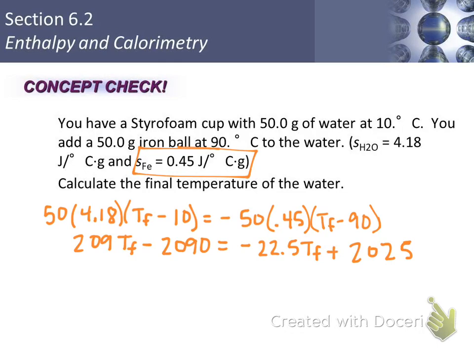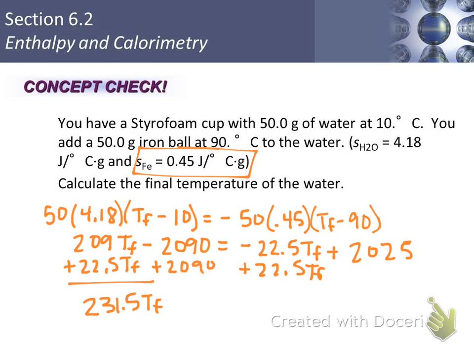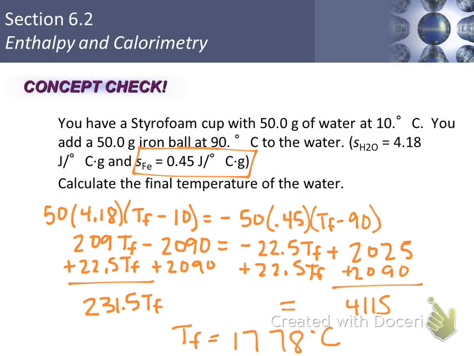So when I combine my like terms, that gives me 231.5 TF equals 4. And that gives me a temperature final of 17.78 degrees Celsius.